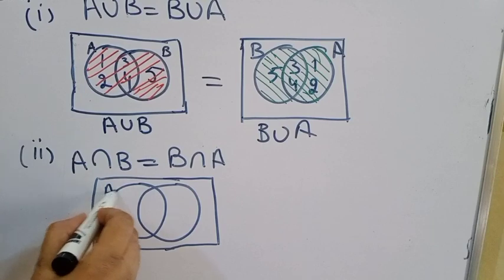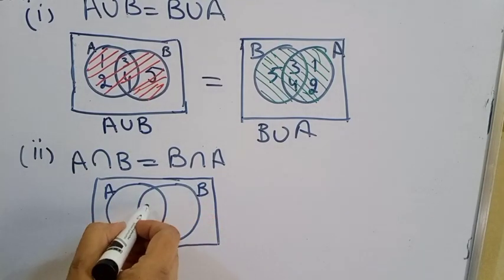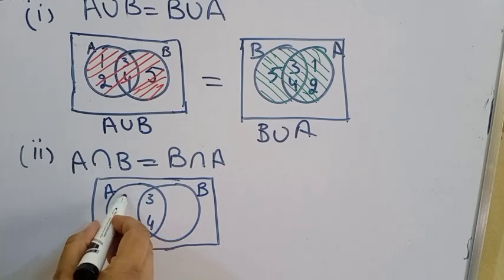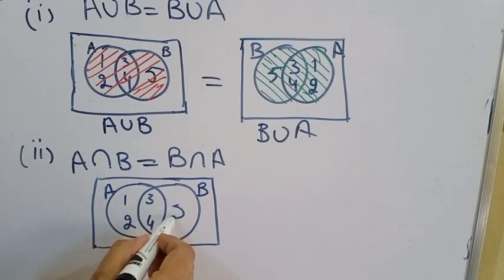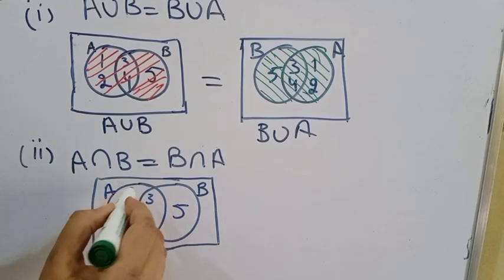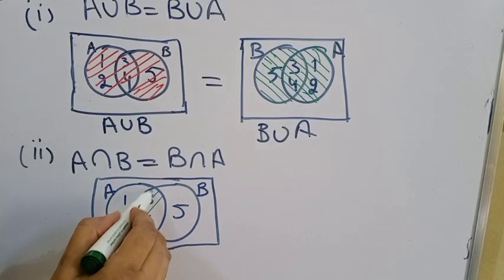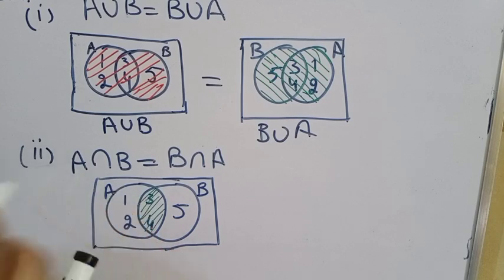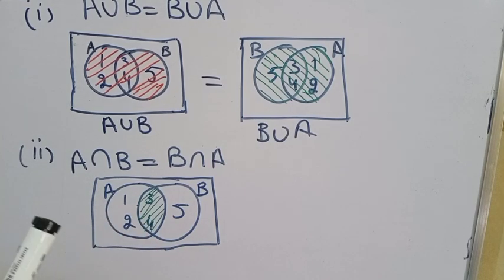For set A and set B, we write the elements of set A and B: 1, 2 and 5. We observe that A intersection B contains all common elements in both sets. If we have disjoint sets, or non-overlapping sets, then the intersection is an empty set.